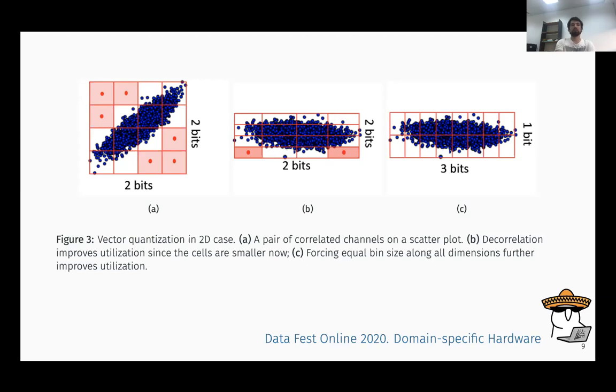So if you take a correlated signal, you can see that there are many empty bins, many bins which are not populated, and the bins themselves are relatively large. But if we decorrelate the signal, the size of bins reduces, which means we reduce the average quantization error.